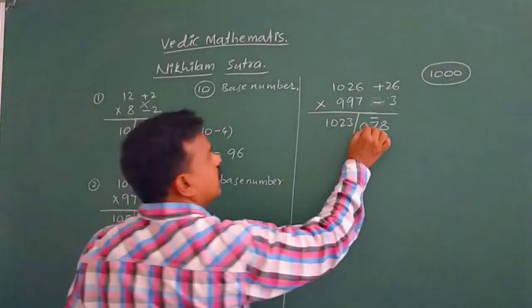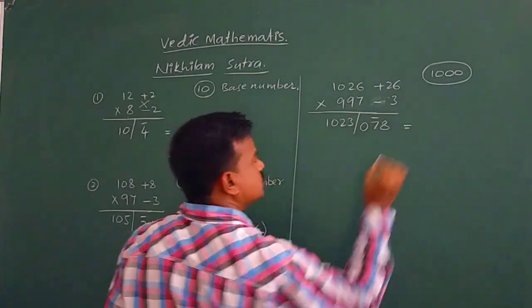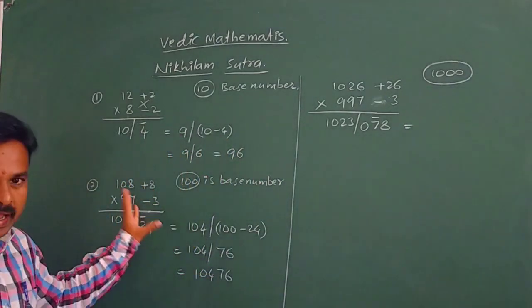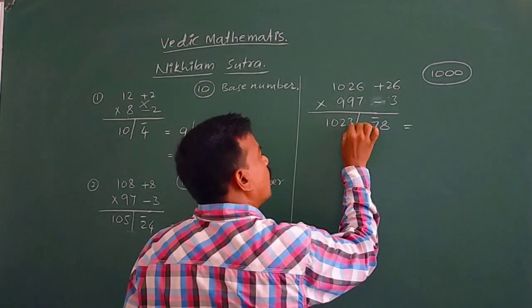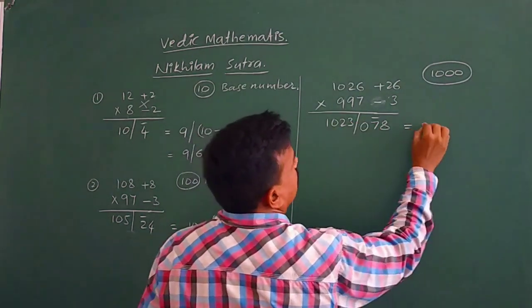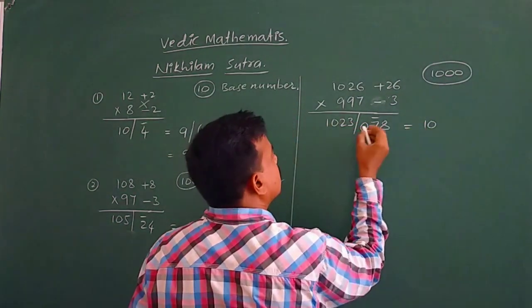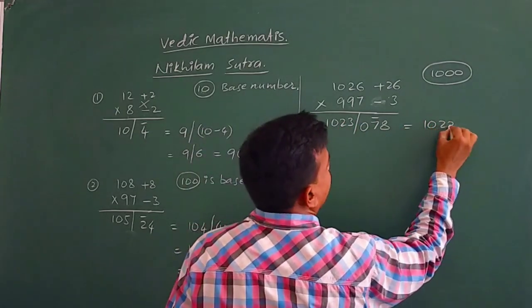But this one is minus. That's why, as in the earlier solutions, we should take 1 from the left side portion. So we get here 1022.